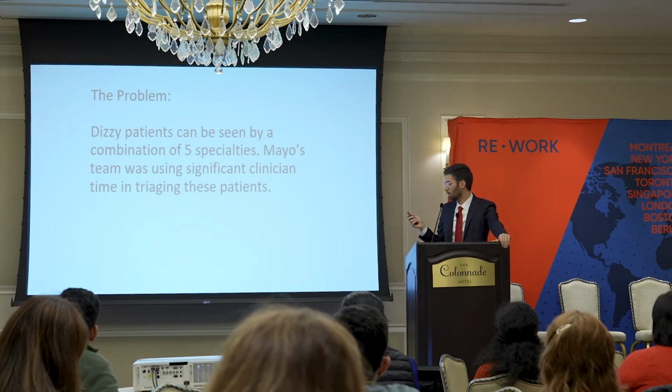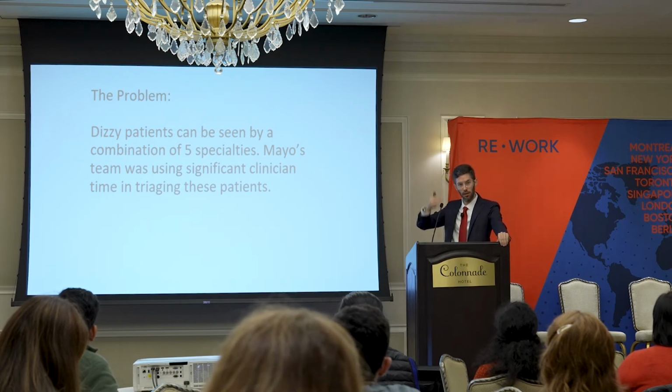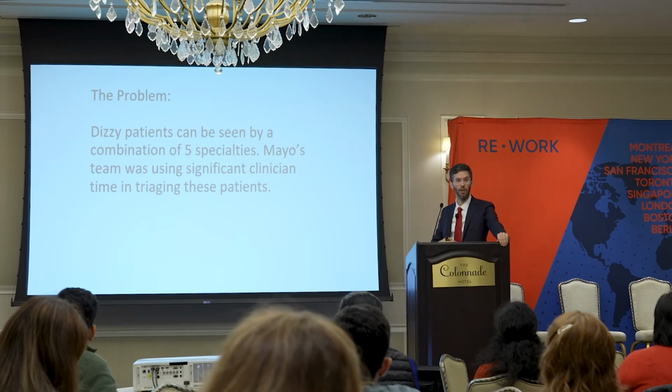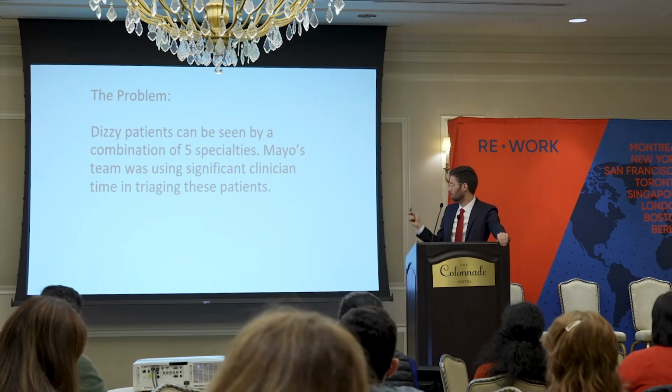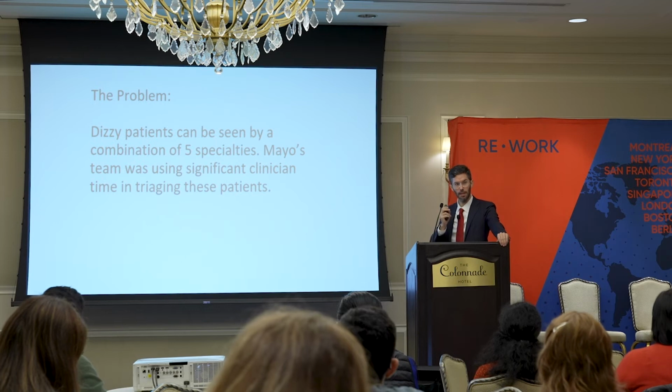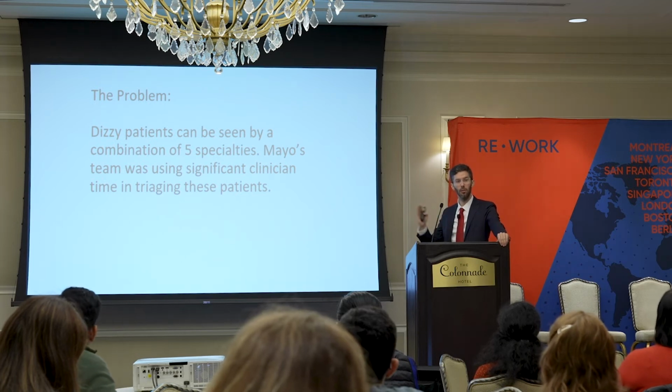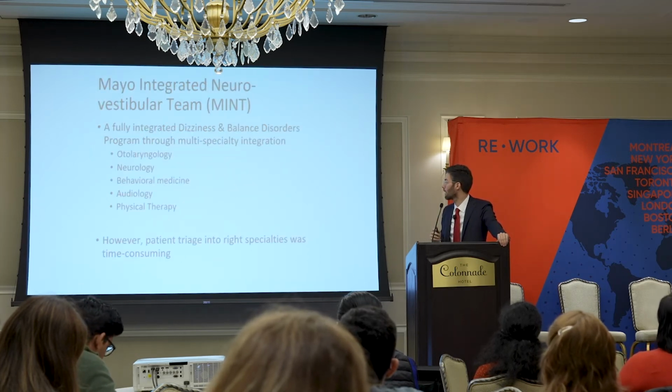So the problem is that we were having our clinicians go through the patient's charts and information and spending a lot of time doing that. And that was time that could be better spent actually seeing patients. So that was the task. Develop an algorithm that helps us save time in determining what appointments the patients are going to need.